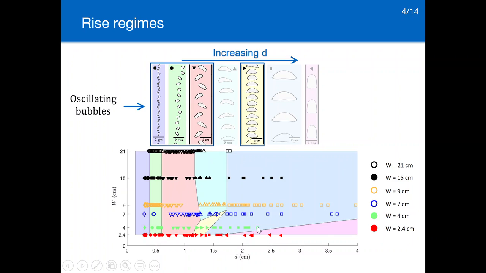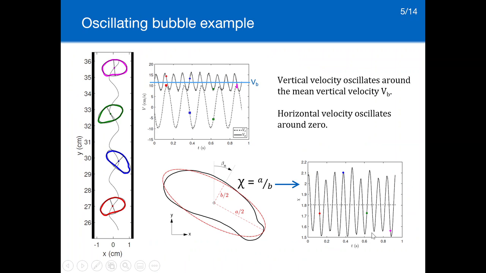Those are all the measurements that we performed: each point represents a bubble, the shape of each symbol represents the regime, and the color represents the width of the cell.